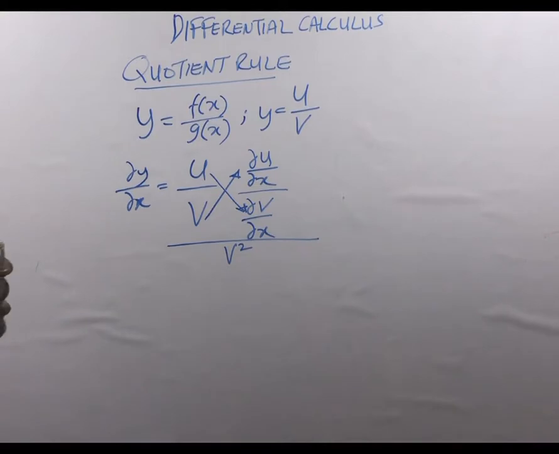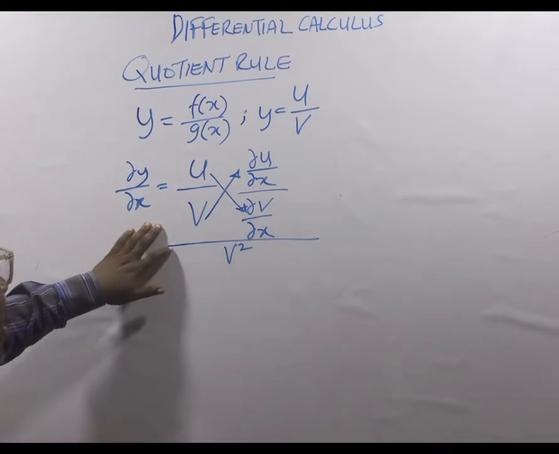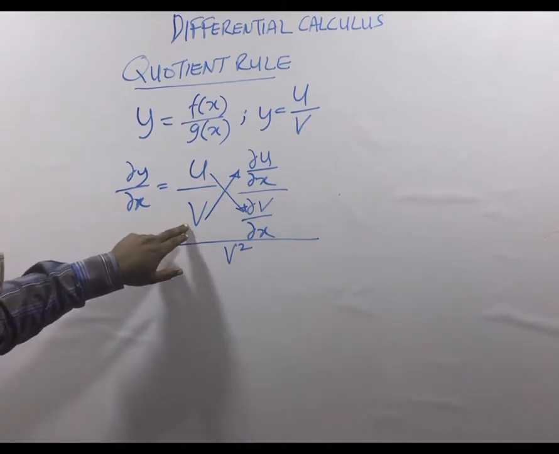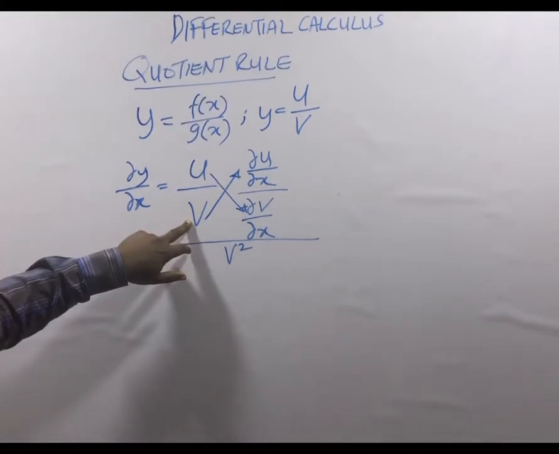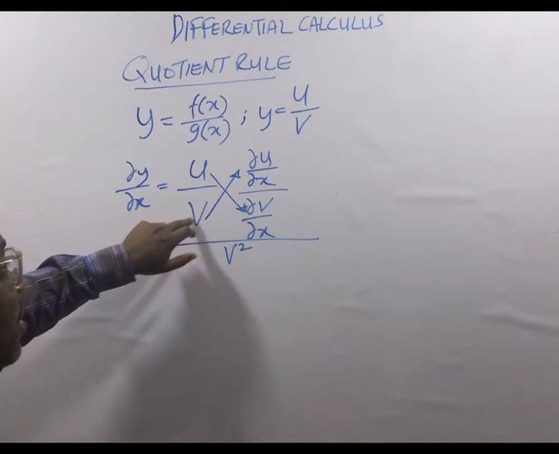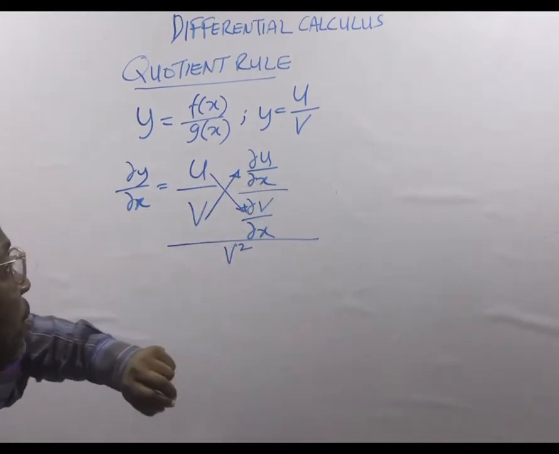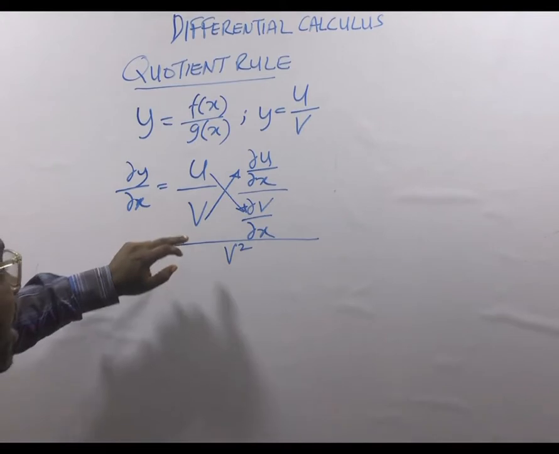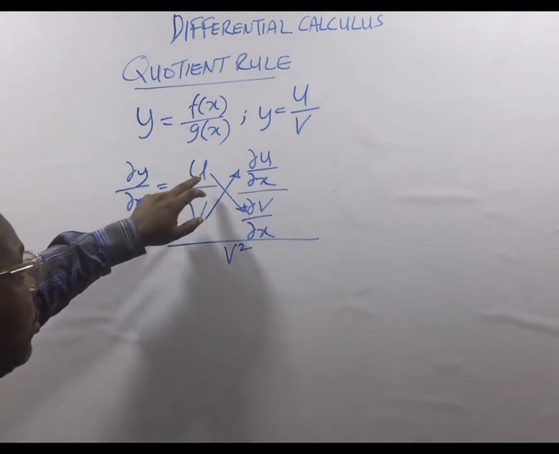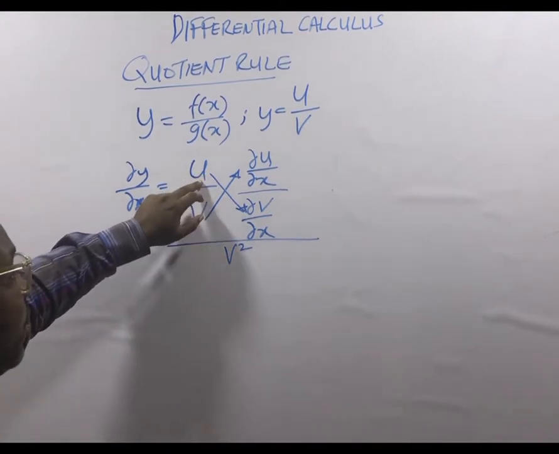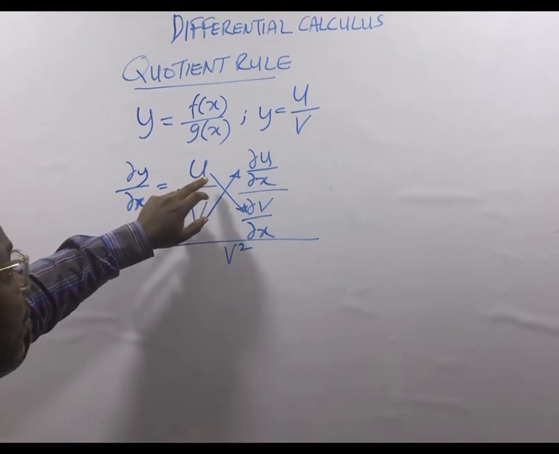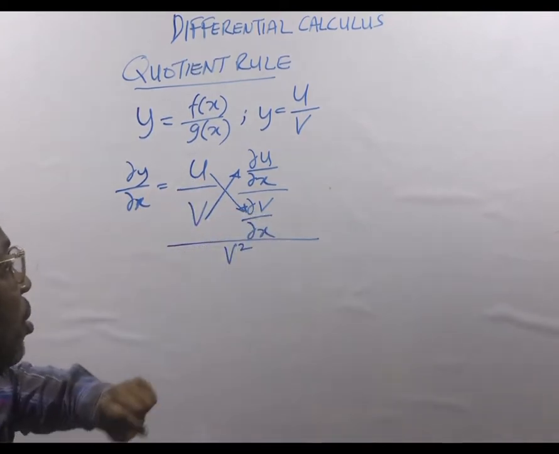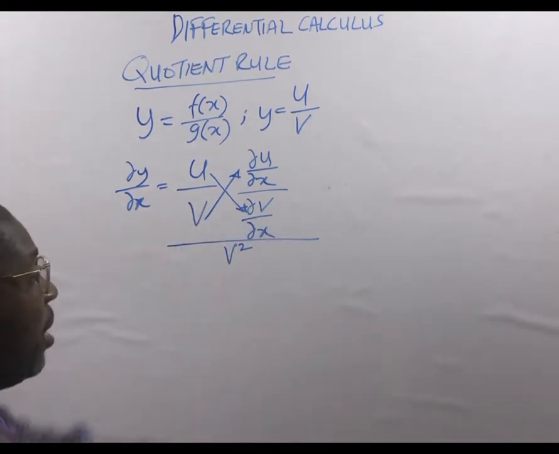So what we're saying is that the derivative of the quotient of two functions will be the denominator multiplied by the derivative of the numerator, minus the numerator multiplied by the derivative of the denominator, all divided by the denominator squared.